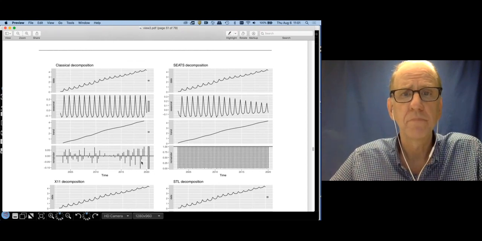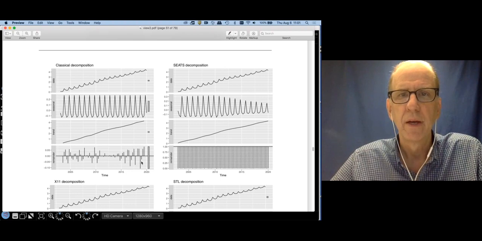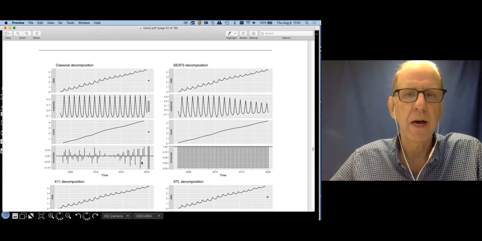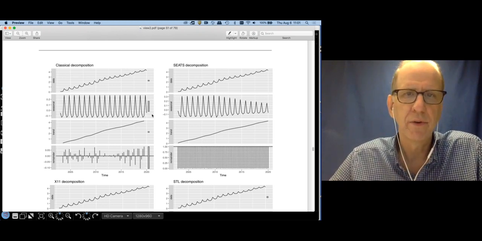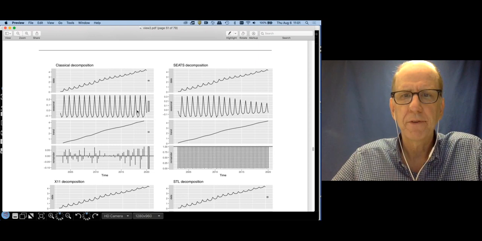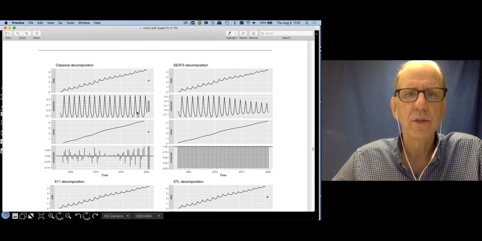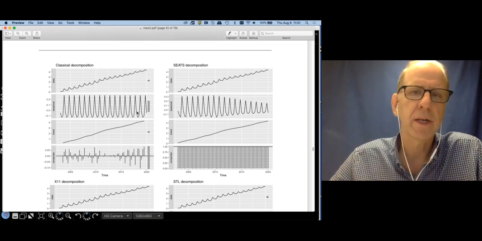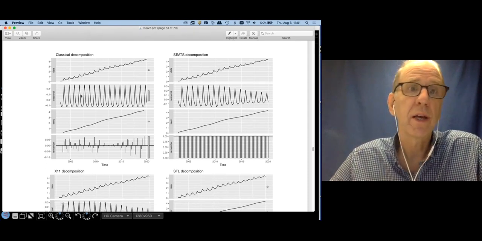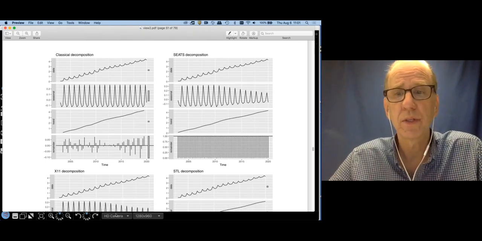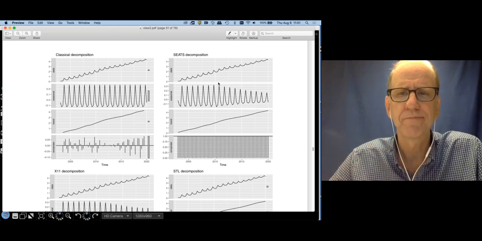We already knew that when we used the BoxCox.lambda function, and we found the optimal lambda to be like 0.17, where 0 would be log. So what I'm really uncovering is the fact that I've used a slightly too strong Box-Cox transformation when I chose the log, but you don't see that with the classical decomposition. You do with these other 2 decompositions.